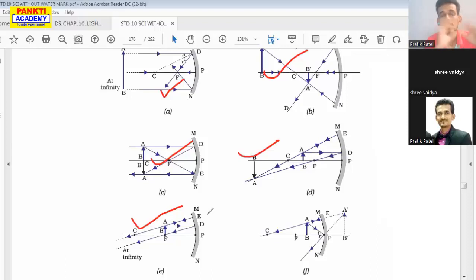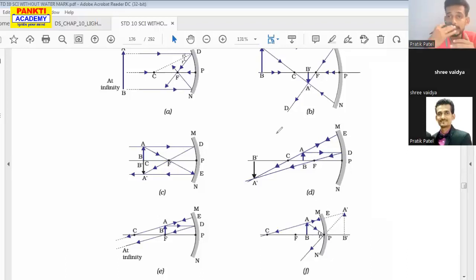So the object distance U is 100% negative. But in the last case, when you put the object between F and P, you get a virtual image. In that case V is positive because it is on the right side of P.